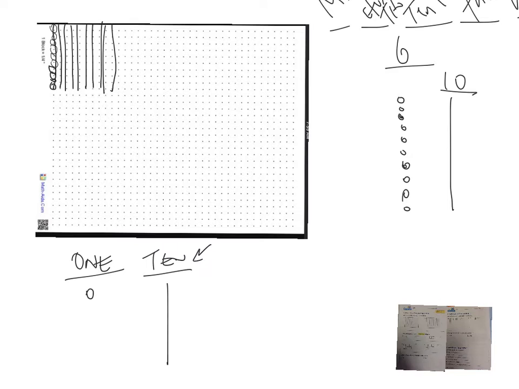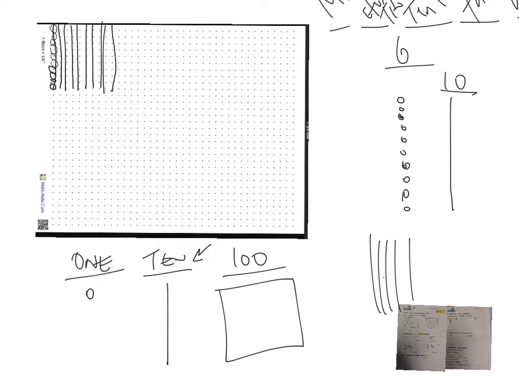So you know 10 of these sticks represents 100. However, we don't write 10 sticks. What we do is make it easier. We put 1 square. So 1 square represents 100, and you'll know that there are 10 sticks inside of it.